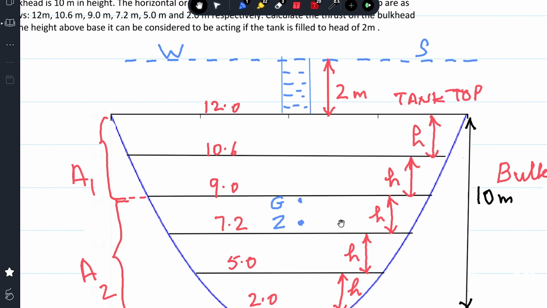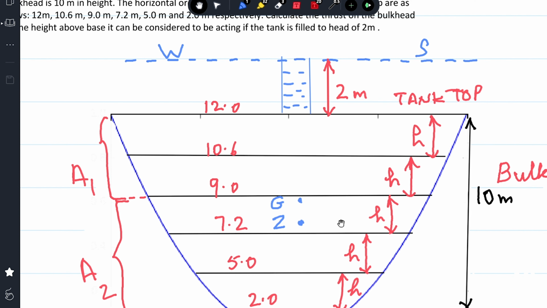So all our moments are from water surface in the formula. So in our calculations, if we take our levers from the water surface, we will get the answer straight away, and that will be easier and faster.